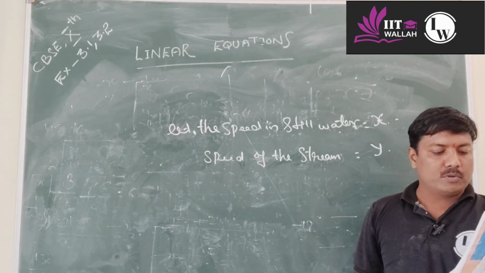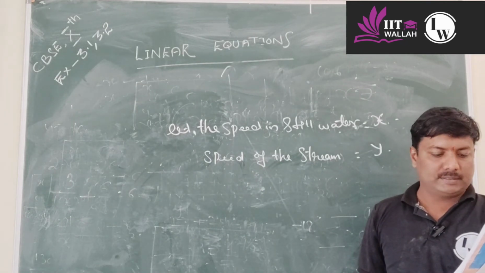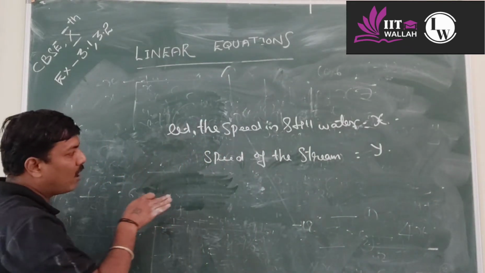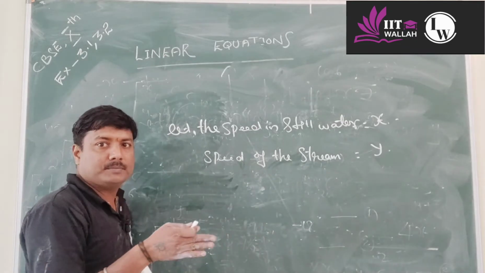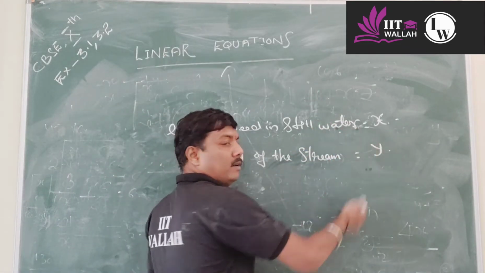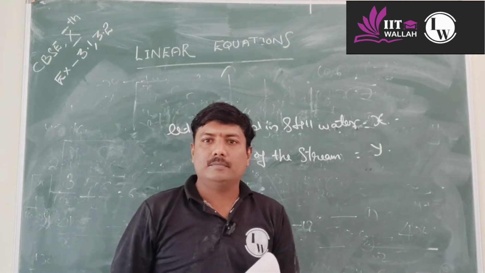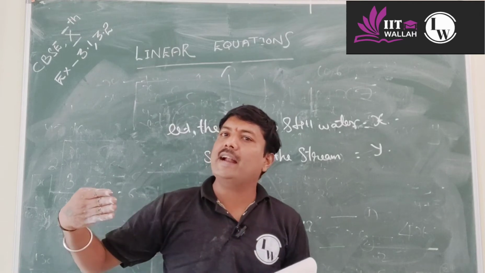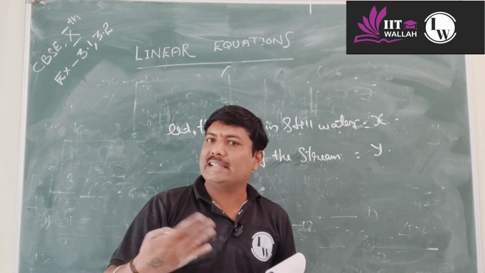Ritu can row downstream 20 kilometers in 2 hours. Okay, so first downstream. Downstream means both speeds will be added. If you are going in the same direction, the relative velocity is subtracted.